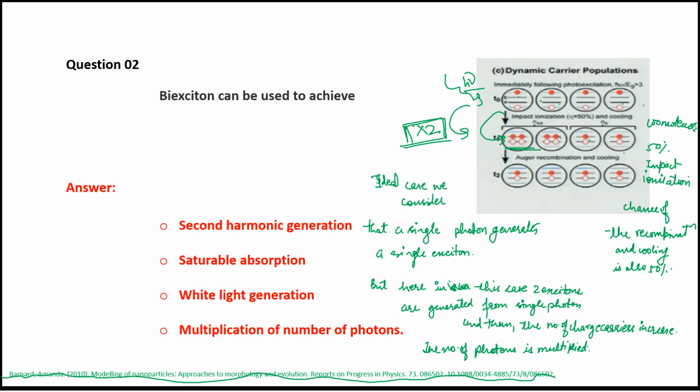Okay. Now here also there are two foremost important points to be discussed. The first conclusion which we got from this is that in bi-exciton formation, the efficiency of a system is never 100%.